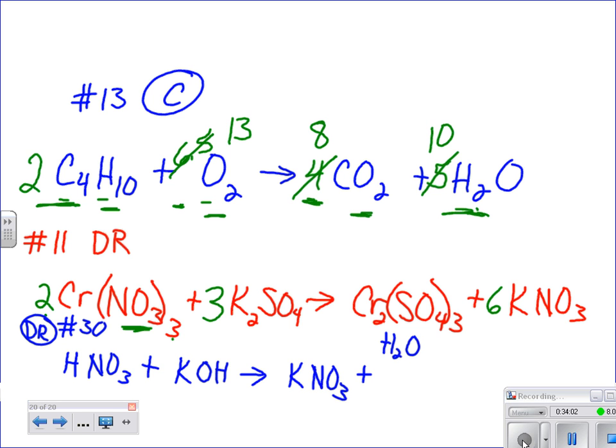So notice the polyatomic ions that we have. We have nitrate and we have hydroxide. So instead of writing it H2O, if you wrote it as hydrogen ions and hydroxide ions combined, then that makes it easier when it's time to balance.